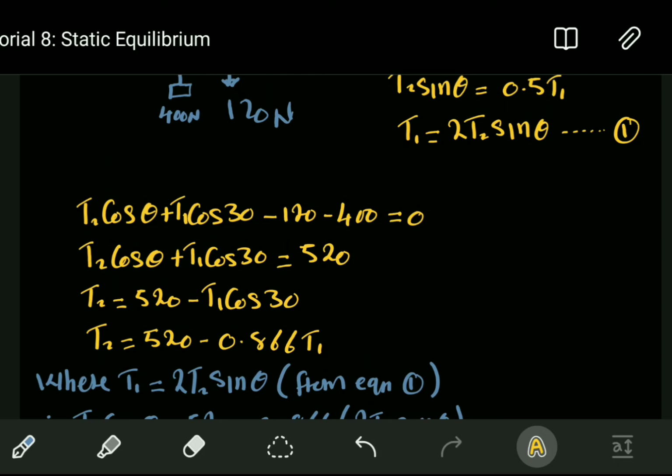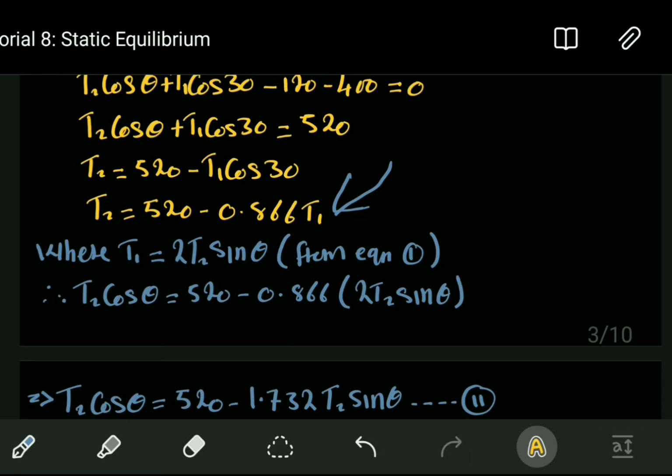We can substitute this expression for T1 into here. So if we do that, then we are going to have that T2 cos theta equals 520 minus 0.866 times T1, where T1 is 2T2 sine theta.